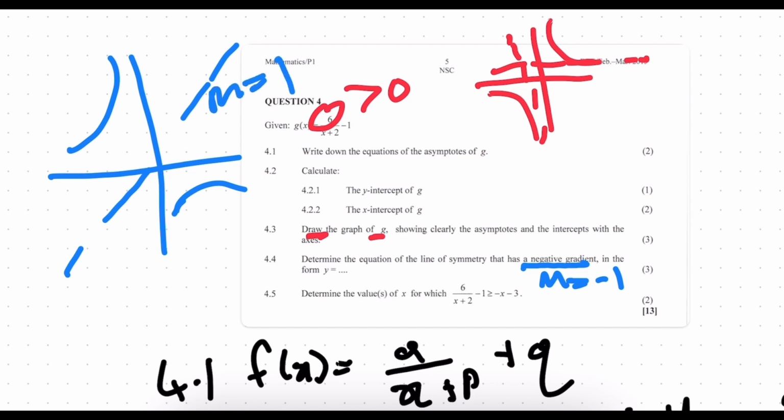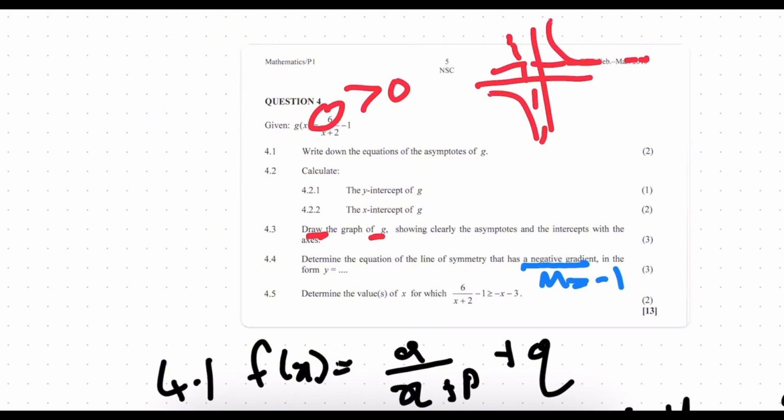But you can still draw a graph like this, and if they ask for a line of symmetry with a negative gradient, you just know they're asking for a line like this. You focus on whether it has a negative or positive gradient, then use the point of intersection to determine the c value. But we'll get there shortly, before I confuse some of you. Let's go down.